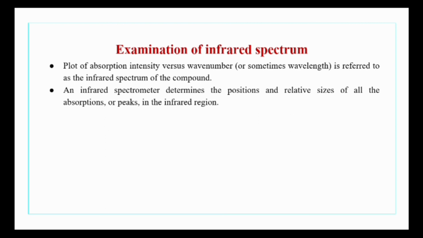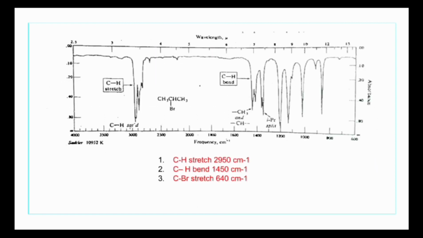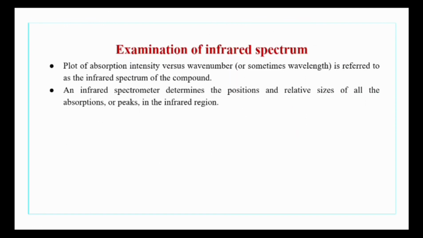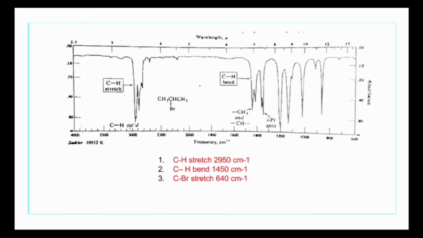Wave number is also called wavelength. So you can see here we have plotted wavelength versus absorption. On the y-axis there is absorbance and on the x-axis there is wavelength.